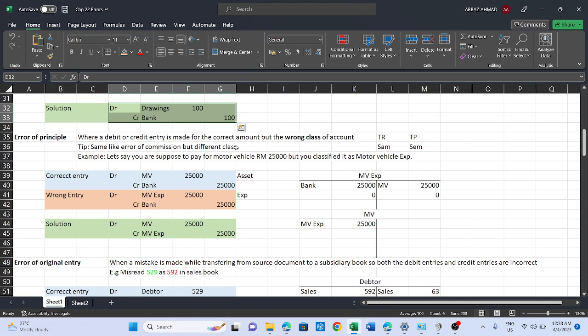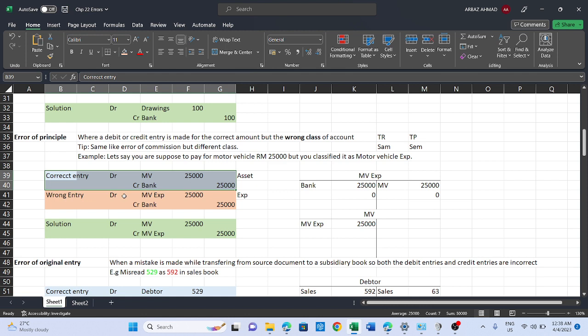So class is referring to whether it's an asset, liability, expense, capital, or income. So for example, let's say you were supposed to pay for a motor vehicle for 25,000, but you classified it as motor vehicle expense. So if you see, the classification is different. This is an asset and this is an expense. So the correct entry should have been to debit the motor vehicle and credit the bank.